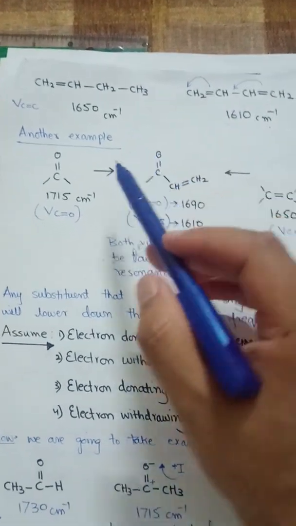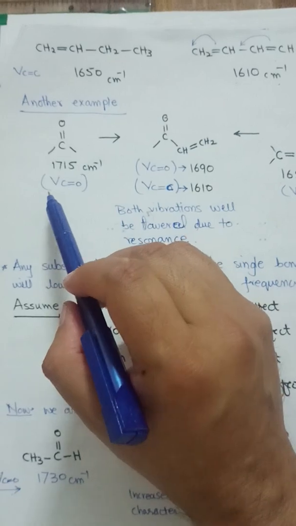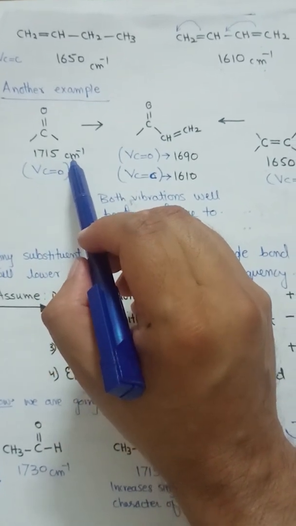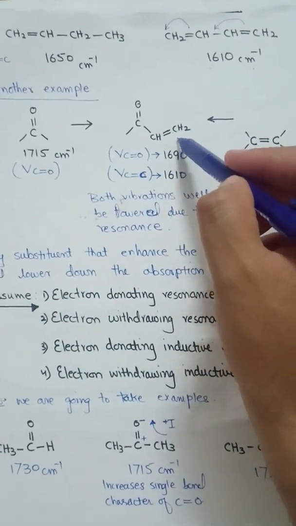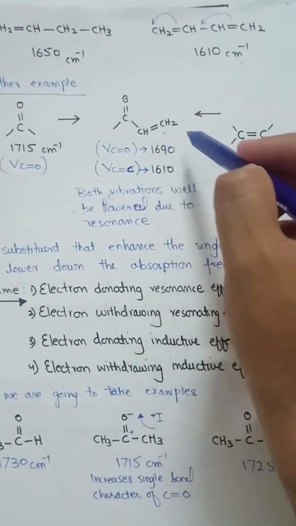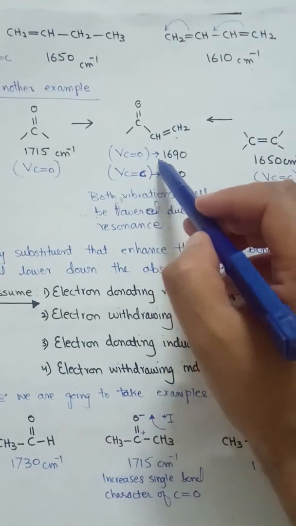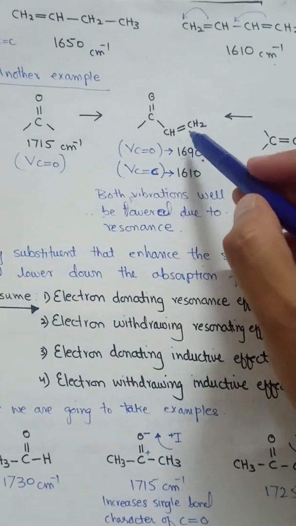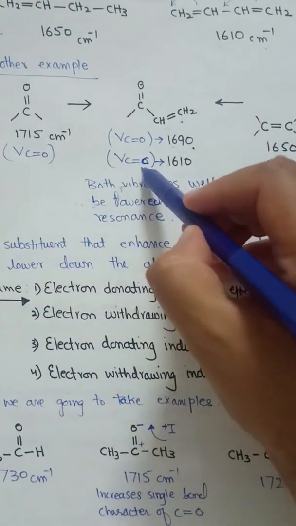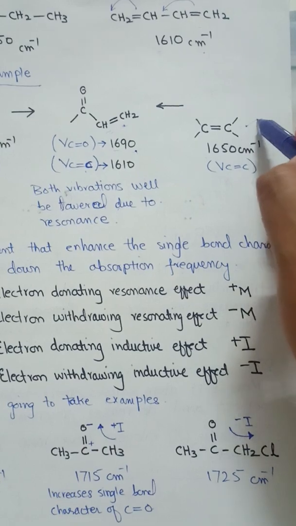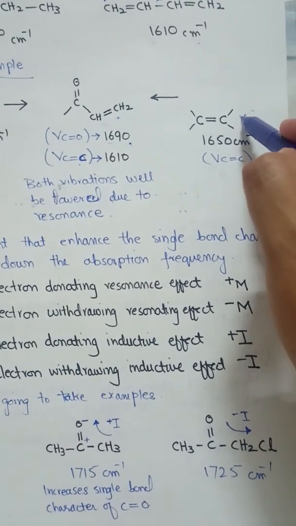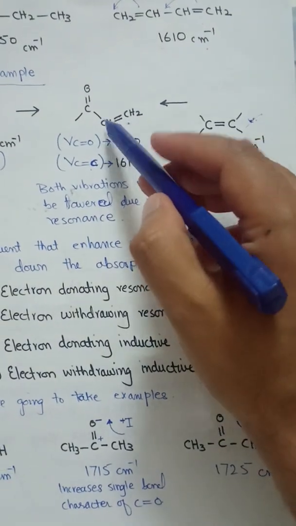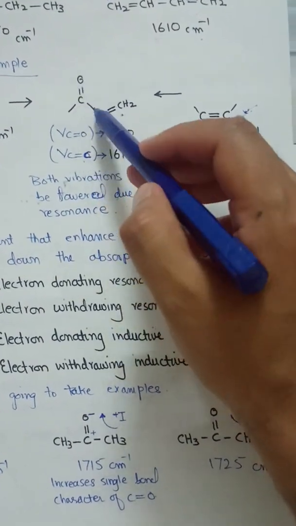Here are some other examples. Here we have the vibrational stretching of a carbonyl system at 1715 per centimeter, and now here we have a resonating structure, so in this case it will be lowered to 1690 per centimeter. And if we look at the carbon-carbon stretching, in simple compounds where we have no conjugation, it will be 1650. But here it is in conjugation with the carbonyl system.